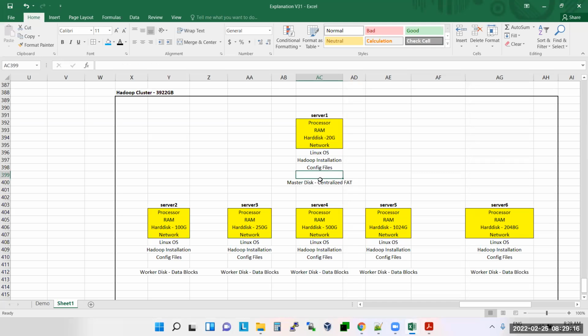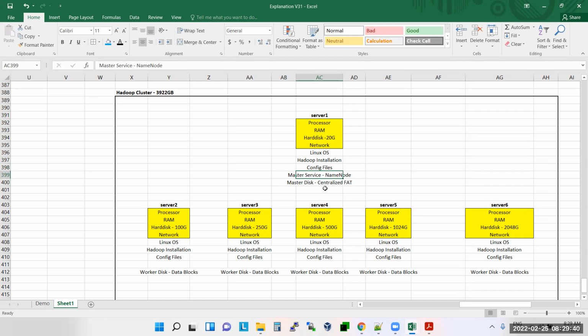So here I need to start a master service. Hadoop is installed here, and when I say Hadoop, it's a combination of multiple services. So here I'm starting a master service. My idea is that this should work like a master disk. That is the reason I will start the master service.